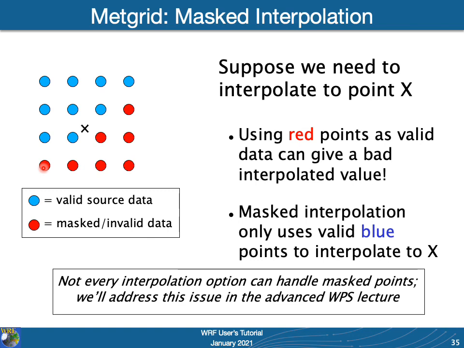The Metgrid program, as we'll see in the advanced WPS lecture, provides several different methods for horizontally interpolating fields, and it needs to properly choose which of those methods to apply for masked fields. For example, in this case, we couldn't do a bilinear interpolation to the target location because one of the values surrounding that target location is missing. But we could, for example, do an average of any 4 surrounding points that were not missing.